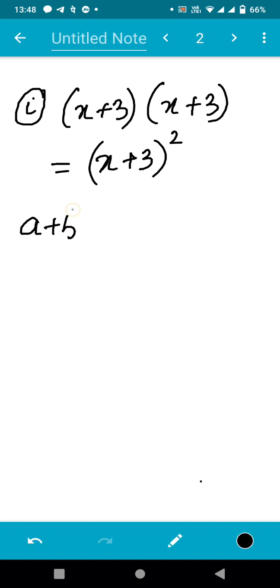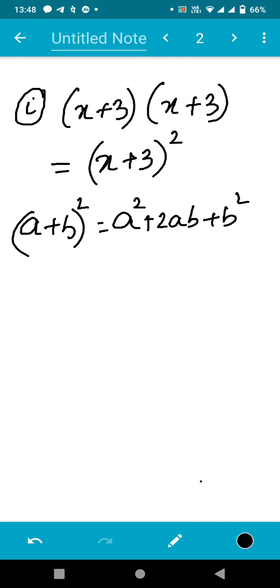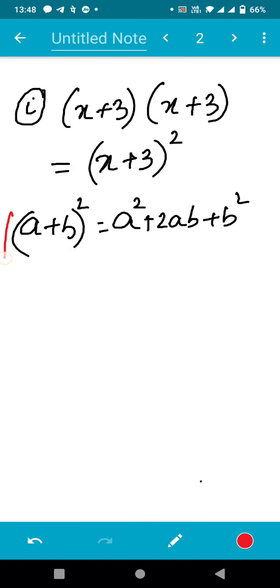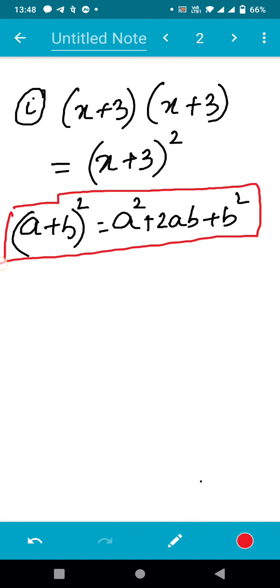Every time, whichever identity you use, you have to write it down. That is a square plus 2ab plus b square, and if possible, put this identity inside a box. This is just to highlight which identity you will use for this particular sum.